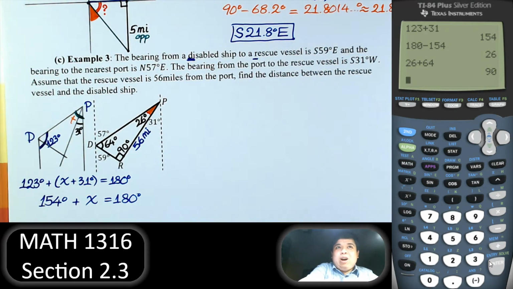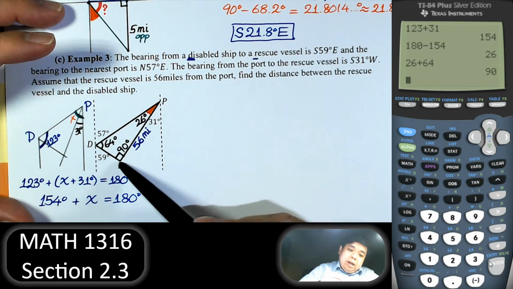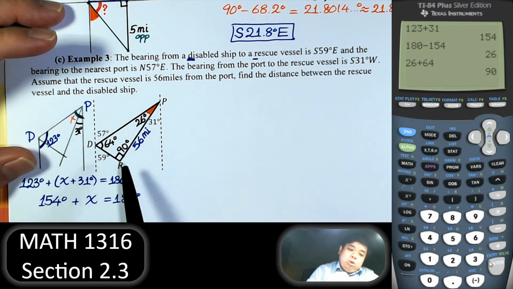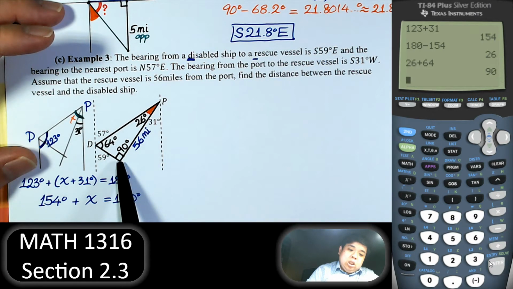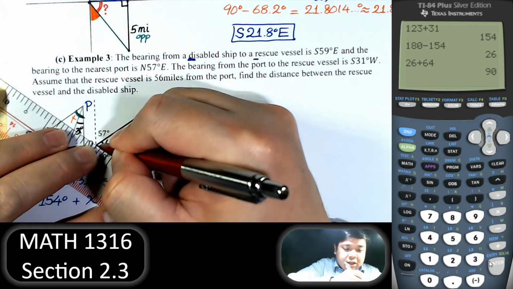So in this we have a right triangle. We can use the trig function, right? So assume that the rescue vessel is 56 miles from the port. Find the distance between the rescue vessel and the disabled ship. So we are asked to find this length here.